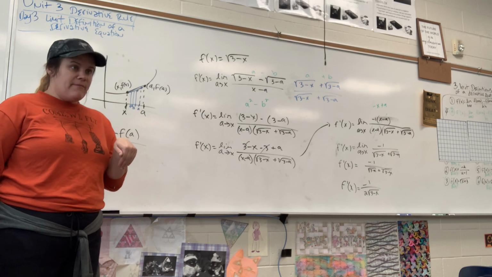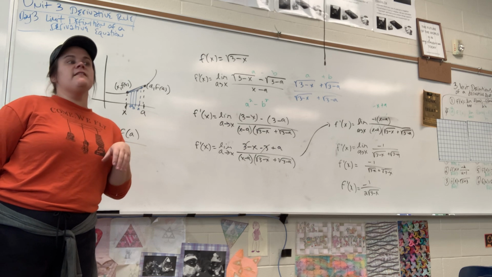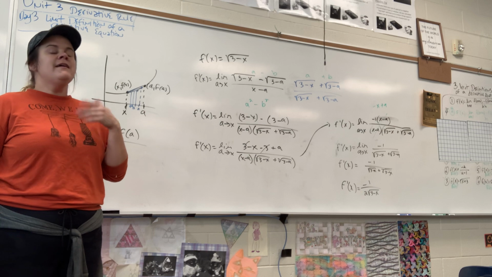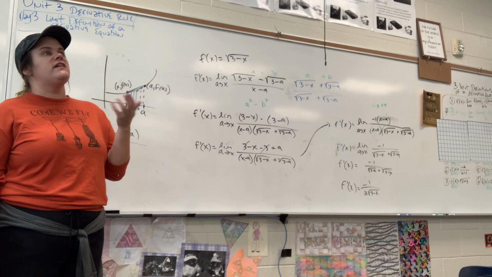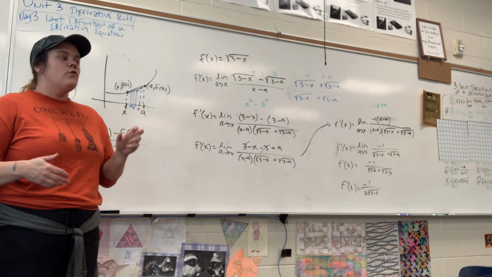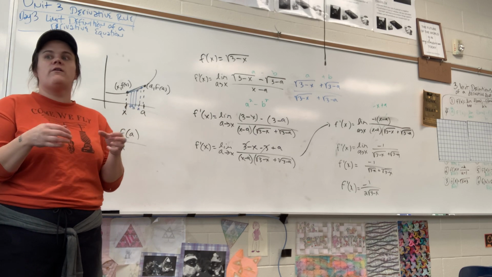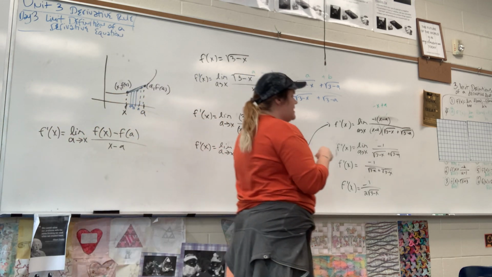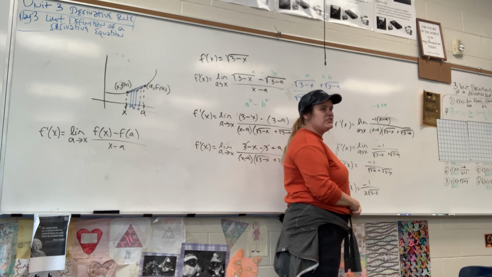Does that make sense? So I don't want you to think, how do I know when to do which rule? You can do any rule at any time. Some families of functions might be easier than others, but it just makes it a lot easier when I tell you what rule to do so that it's easier to find the mistake in your work, if there is one. Does anyone have any questions?